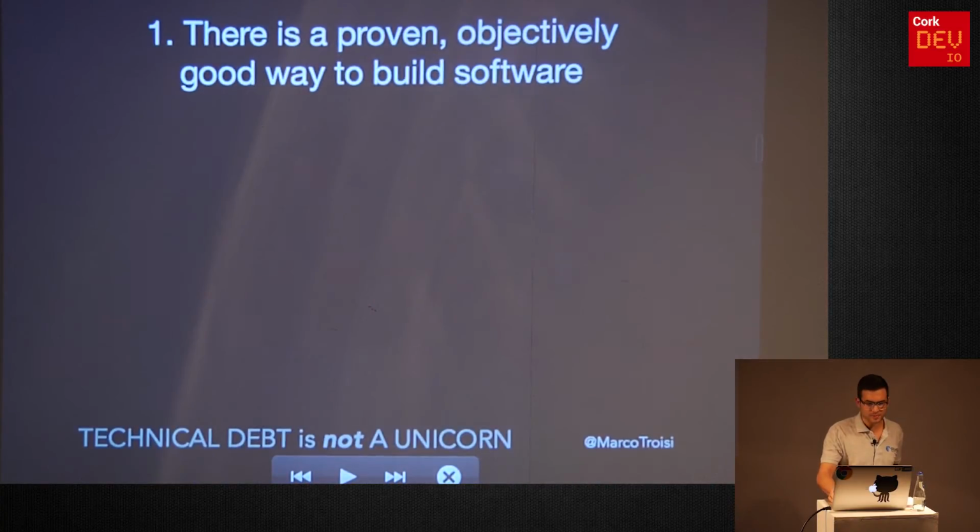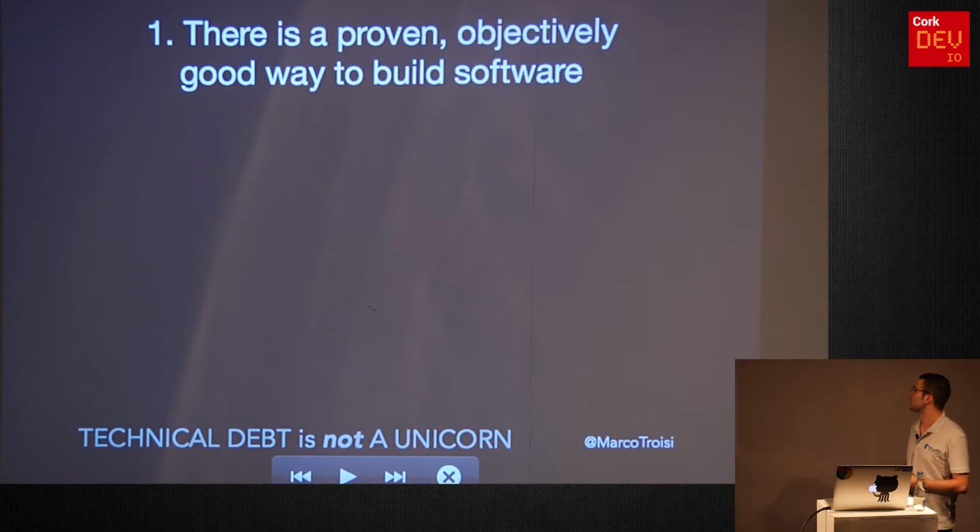So it seems to me that it really all comes down to the following. Number one, there is a proven, objectively good way to build software. Notice that I'm saying objectively for a reason, because I think this really doesn't come down a lot to opinions. Something is objective regardless of what you and I may think of it. It's that way.